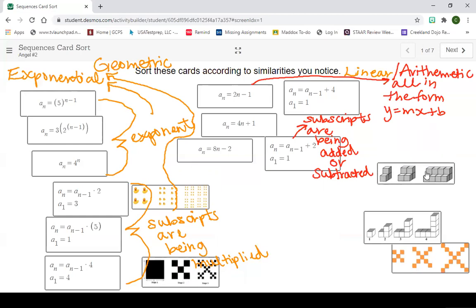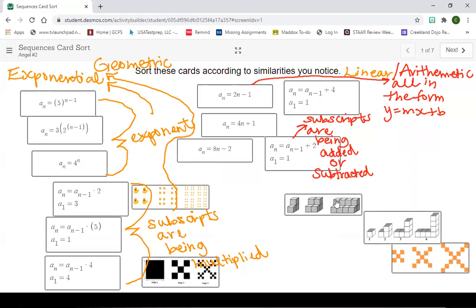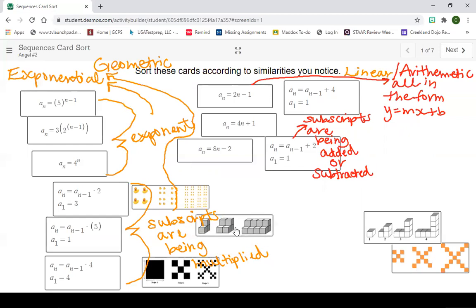What about this one? And you have to be careful because this is weird and it's also 3D. So 3, 6, 9. This is 12. And then this is 6. So 3, 6, 12. So times 2, where does this go? Exponential.